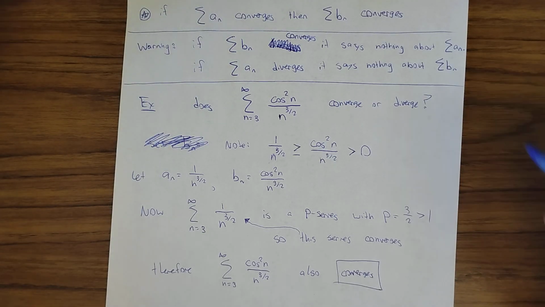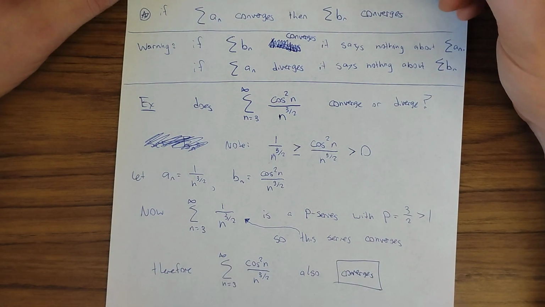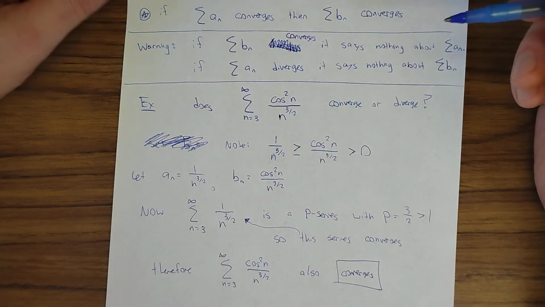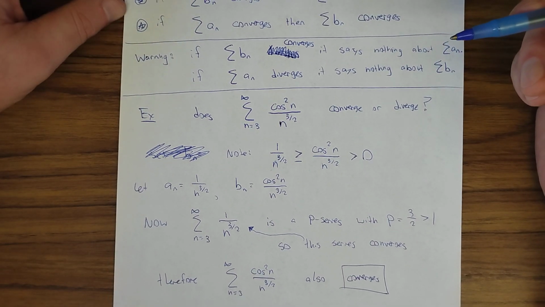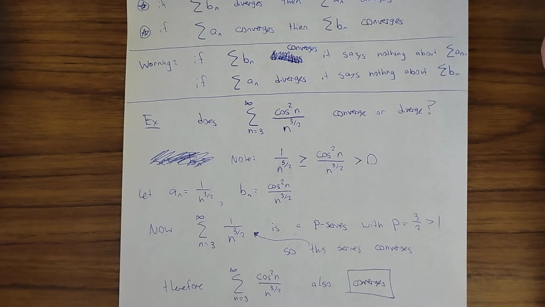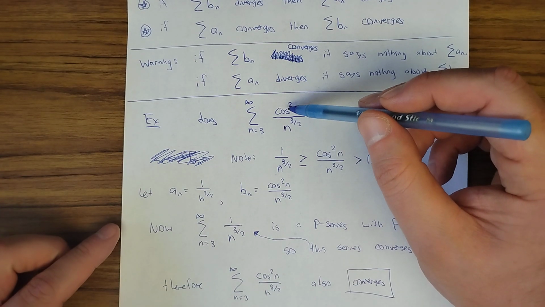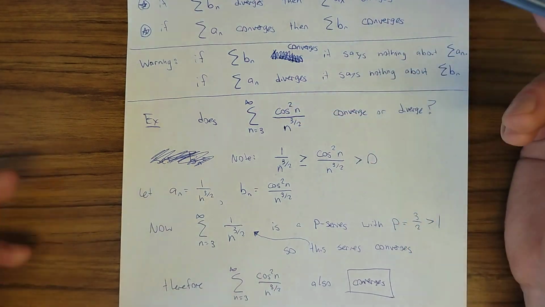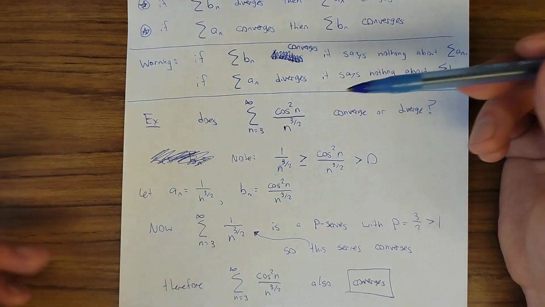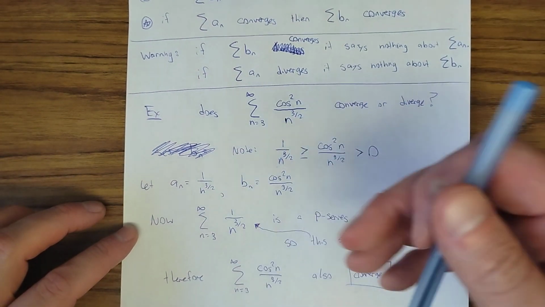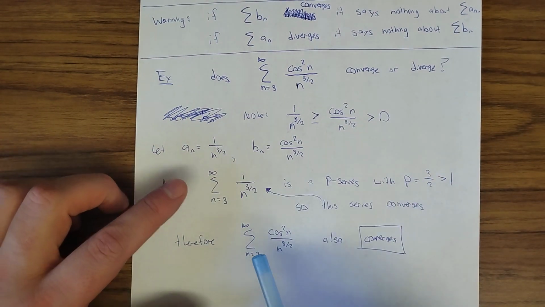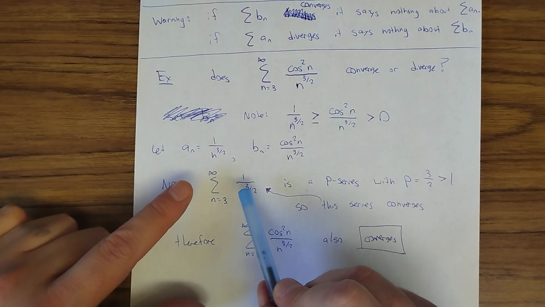I wanted to do an example where this test is actually successful, but of course, this could have gone differently, and this is one reason why direct comparison test for me is maybe a last resort, or something that I use if anything jumps out at me like this cosine squared, or if I saw a sine squared. Because when we got to this point, we got this p-series.